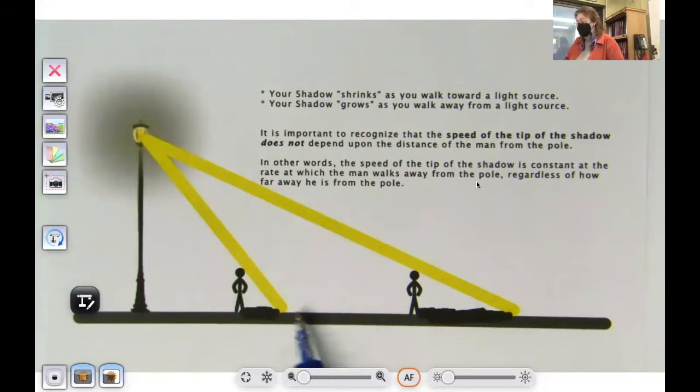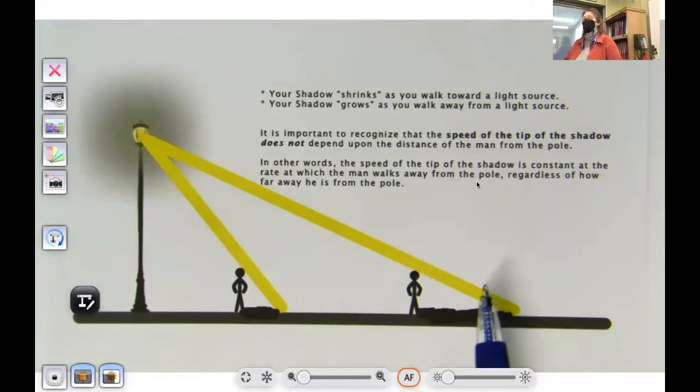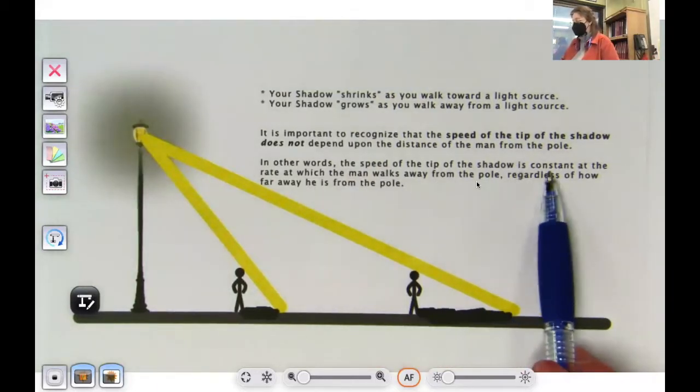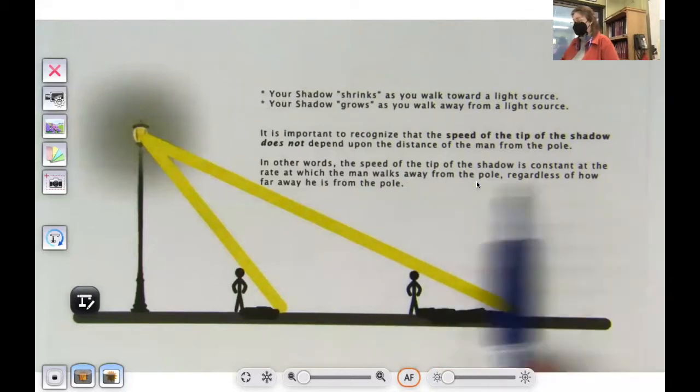And the speed of that tip of the shadow does not depend on how far he is from the light pole. In some of the questions, they're going to give you extra information. They're going to try to trick you, and you're going to think that that changes, and it doesn't change. In other words, the speed of the tip of the shadow is constant at the rate at which the man walks away from the pole, regardless of how far he is from the pole.